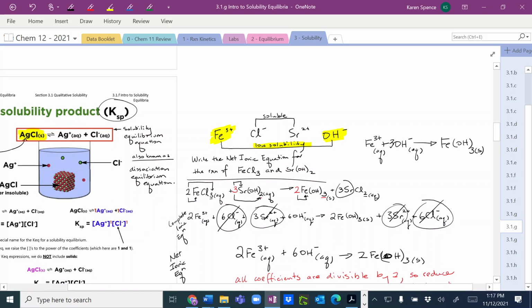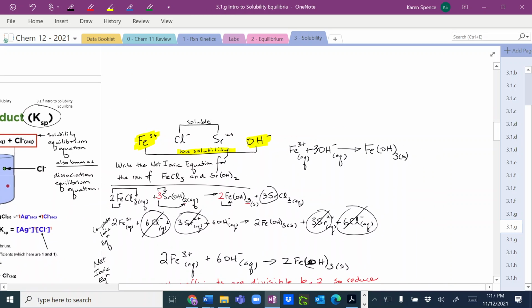Yes, the solid is on the right. If you are writing a precipitation reaction, you put the solid on the right, because the precipitate is the product of a precipitation reaction, so it has to go in the products.